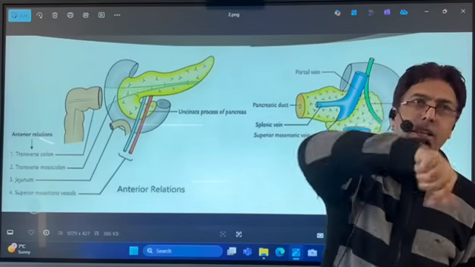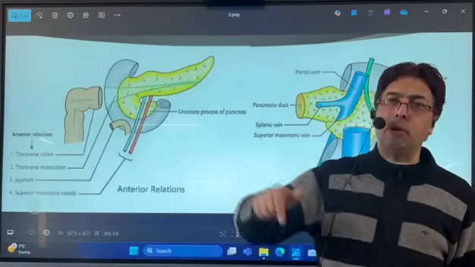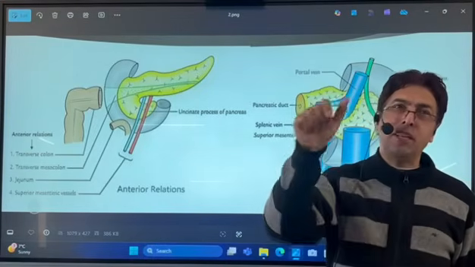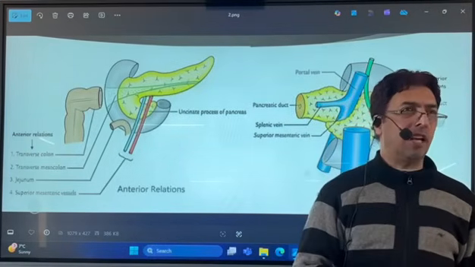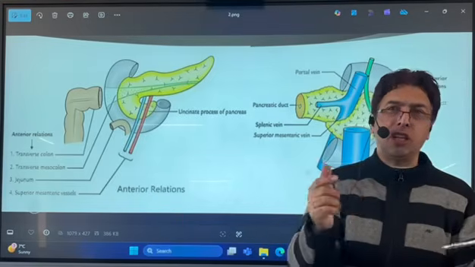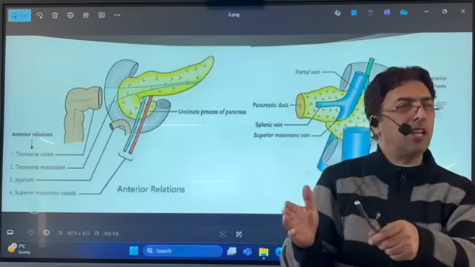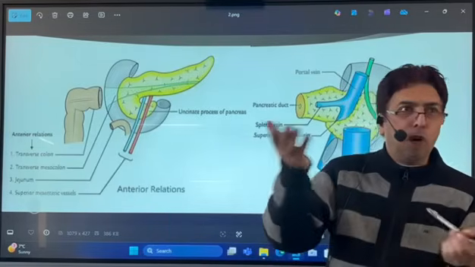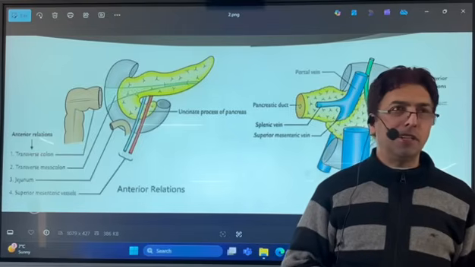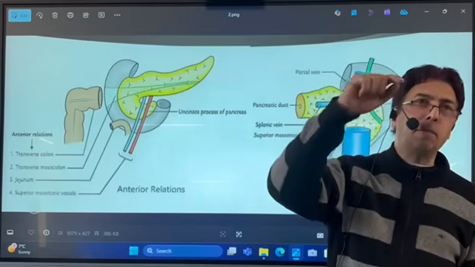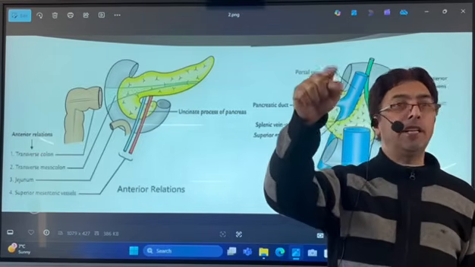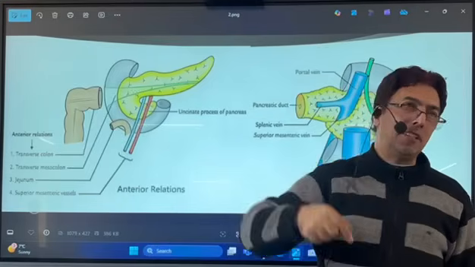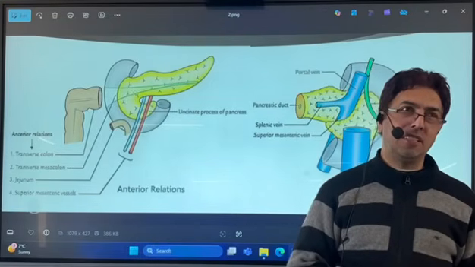Yes, because the pancreas is involved. He is not bothered much about the spleen. He is bothered because the tail of the pancreas forms an important relation to the spleen. That's the importance of the pancreas, because surgeons tend to avoid the pancreas. It's as simple as that. But what can they do? They have to operate on the spleen. So splenectomy by itself is not that big an issue, the issue is that the tail of the pancreas is related to the spleen.